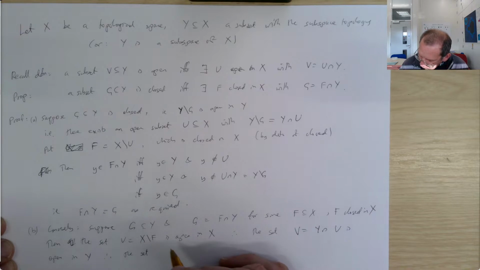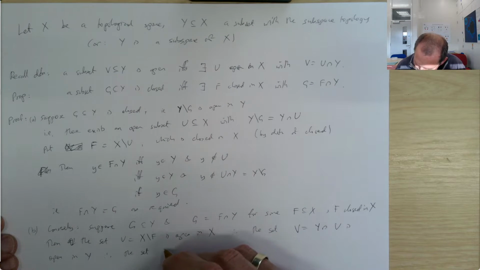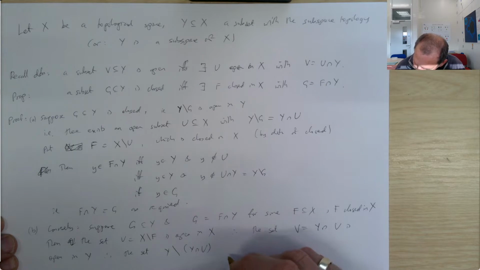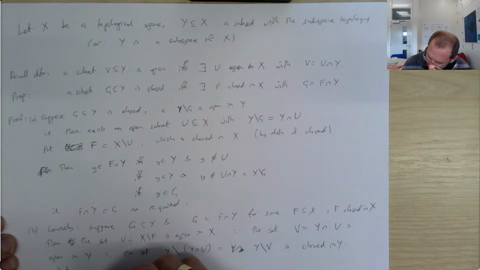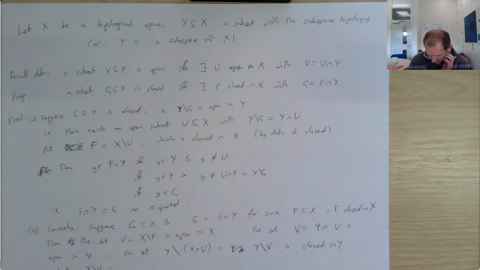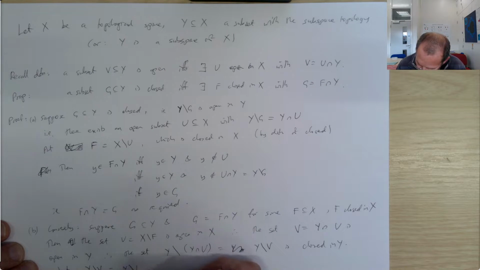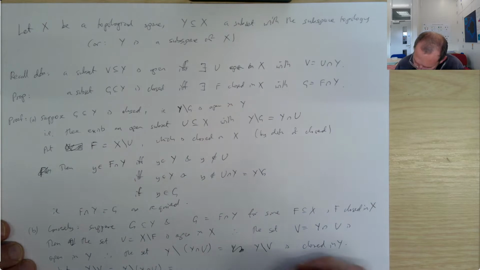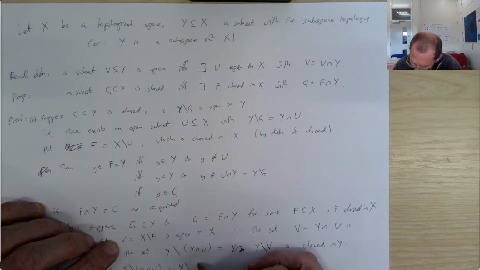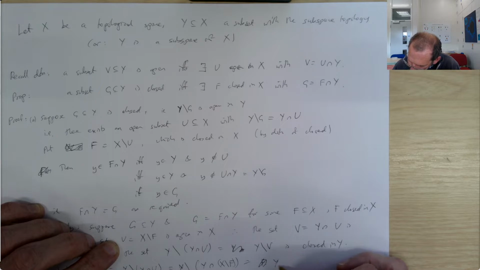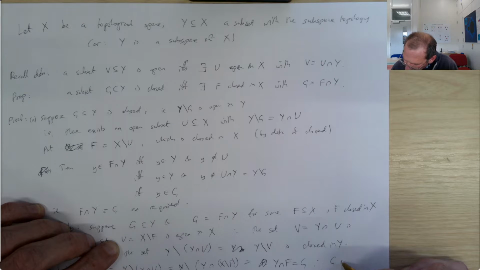and therefore the set Y with Y intersect U removed, which is Y less V, is closed in Y. But it's easy to see that Y with V removed is the same thing as, just working backwards through all this, Y with Y intersect U removed, which is Y with Y intersect the complement of F removed, and that's just going to be equal to Y intersect F, which is G, so G is closed.